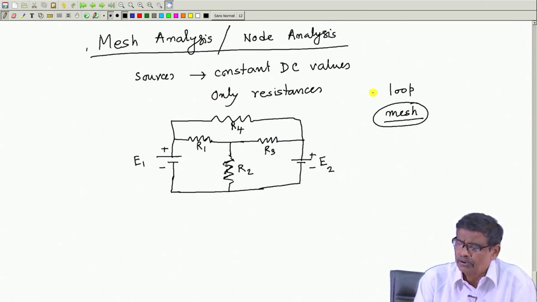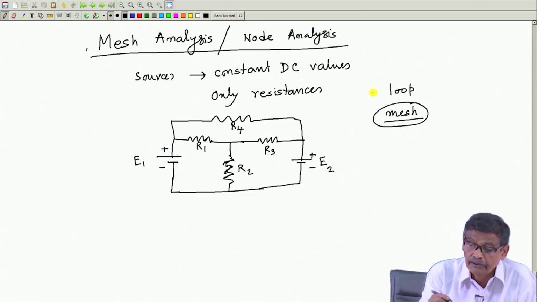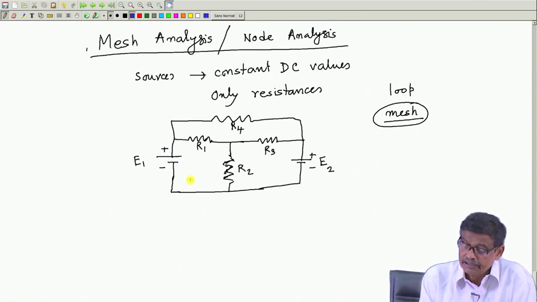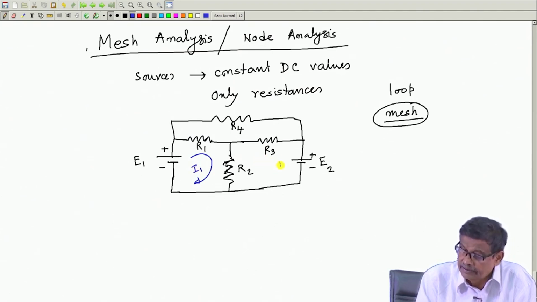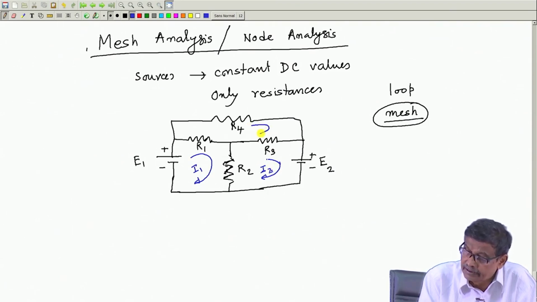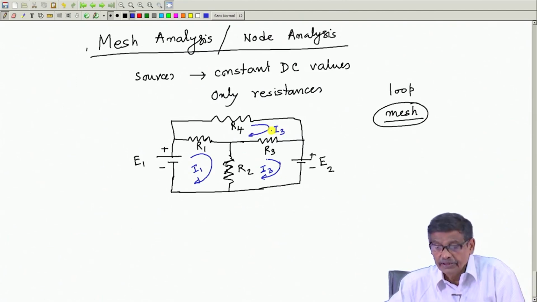So, the distinction between loop and mesh, I hope you have understood. Now, what you will do is this, these 3 meshes you assign currents, which are called mesh currents. I 1, this current I will say this is I 2, and this mesh current you say I 3. Okay.